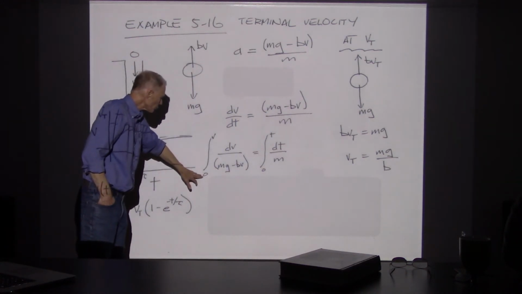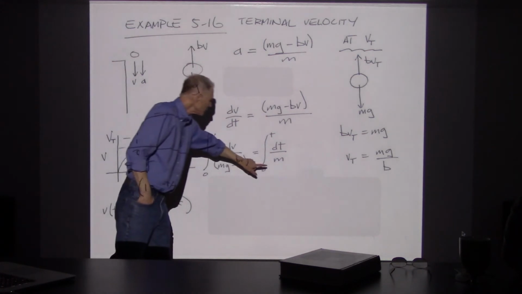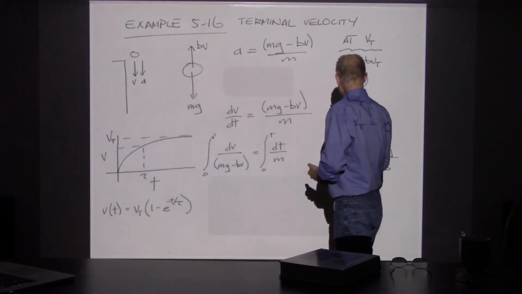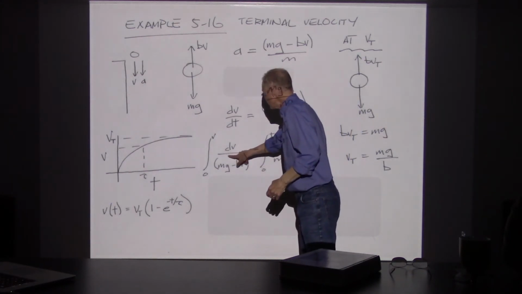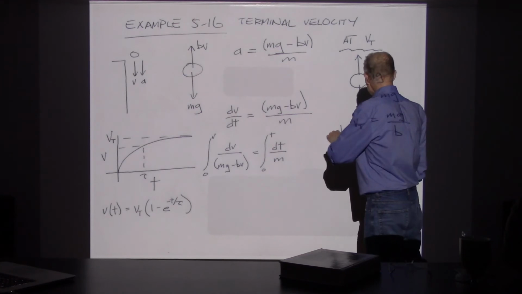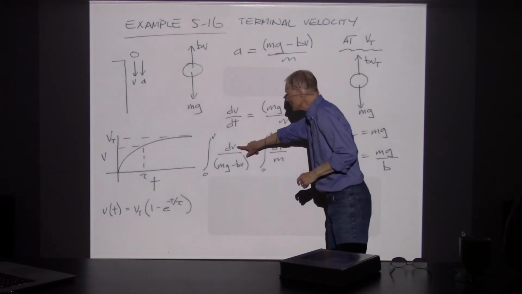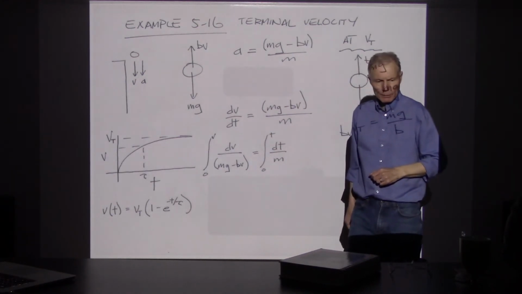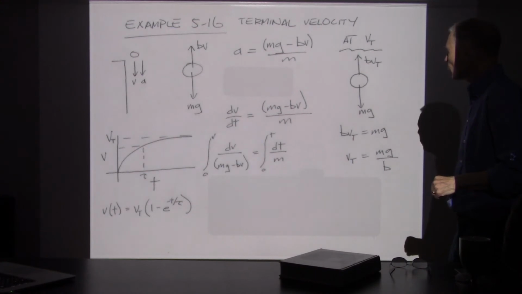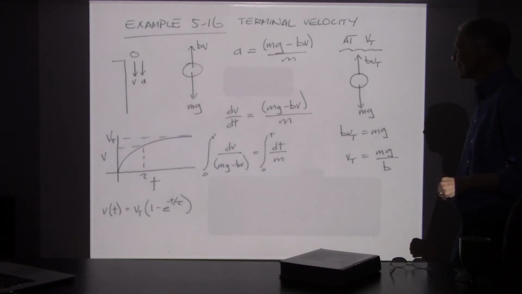So if we start at rest at time t equals 0, this is what the formula is going to look like. And so we can integrate this expression. Now when we integrate this expression, this is going to become a logarithm on this side. Take a look at that integral. I'm hoping you guys have seen integrals of that level of complexity.